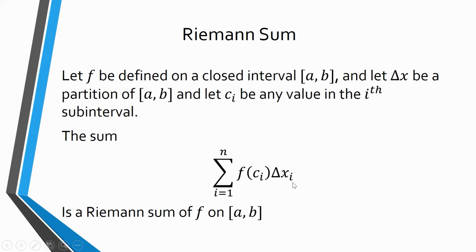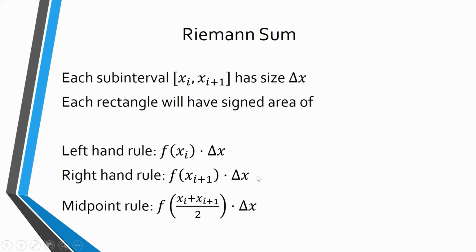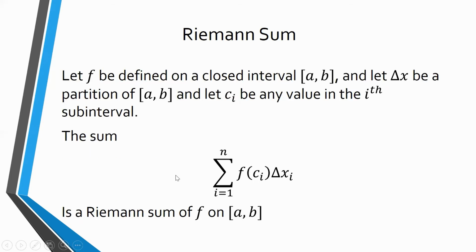This actually allows for different widths on the rectangles. We're not going to calculate anything aside from using the left-hand rule, the right-hand rule, or the midpoint rule. But the Riemann sum, again, is defined more broadly. So we can have lots of different Riemann sums on the interval from a to b.